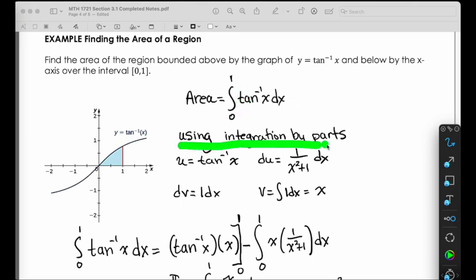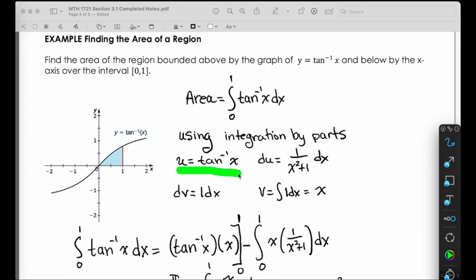We're going to use integration by parts by letting this be u and this be dv. So we're going to let u be inverse tangent and dv be 1 dx. So here's my u, here's my dv. Now when I take the derivative of u, I get 1 over x squared plus 1 dx.